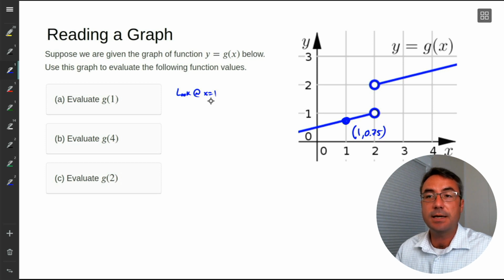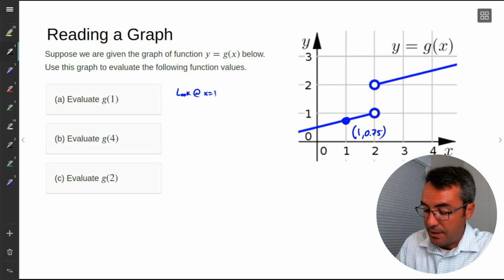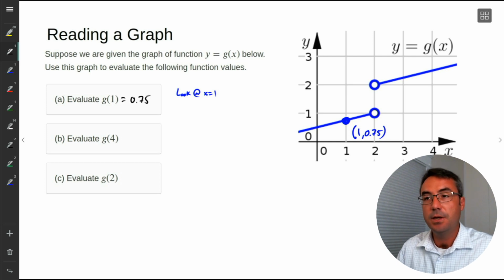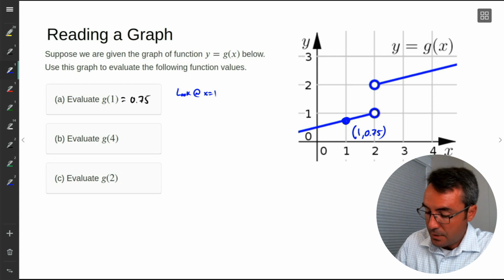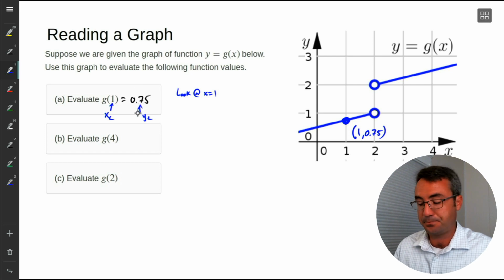So since we're looking at x equals 1, the number inside our parentheses, the actual value of our function is 0.75. So when we identify a point on the graph, the number in our parentheses is the x-coordinate, and the actual value of our function is the y-coordinate. So x is the number we're plugging in, y is the number that we're getting out for our function.